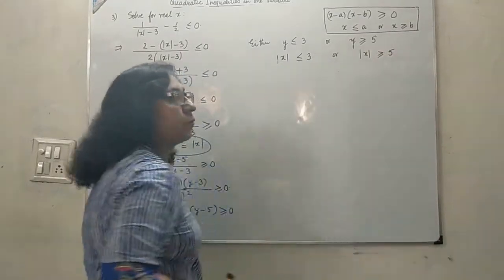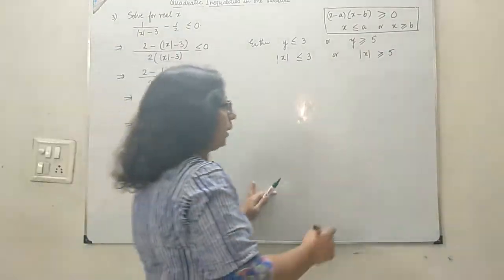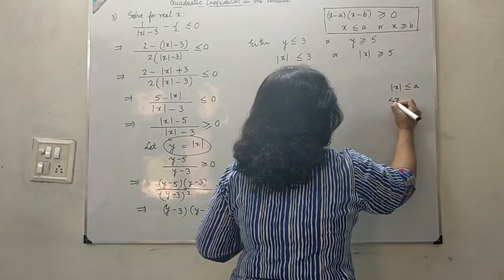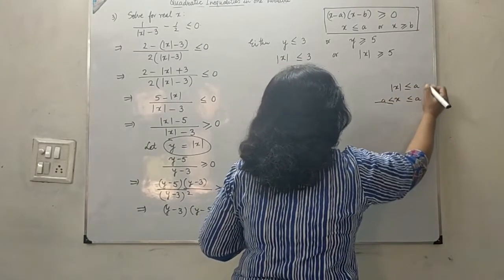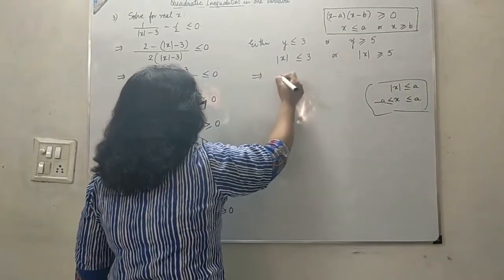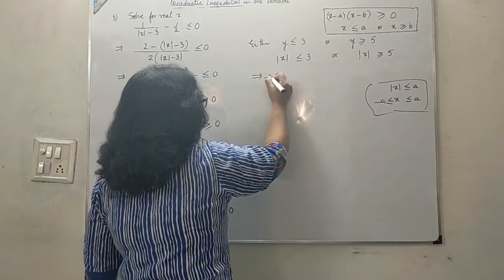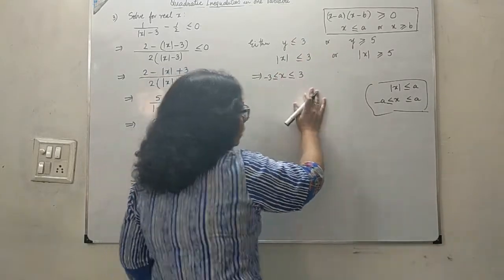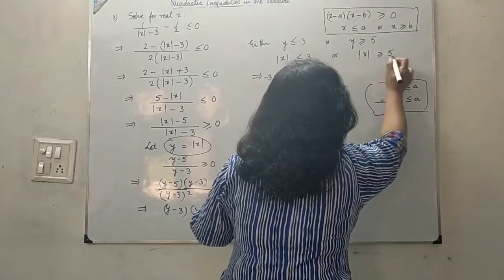Now in this case we have already studied absolute inequalities. When |x| is less than a, then x is lying between -a and a, and we can directly apply the result. So from here x is lying between -3 and 3, keeping track of the equality sign also.